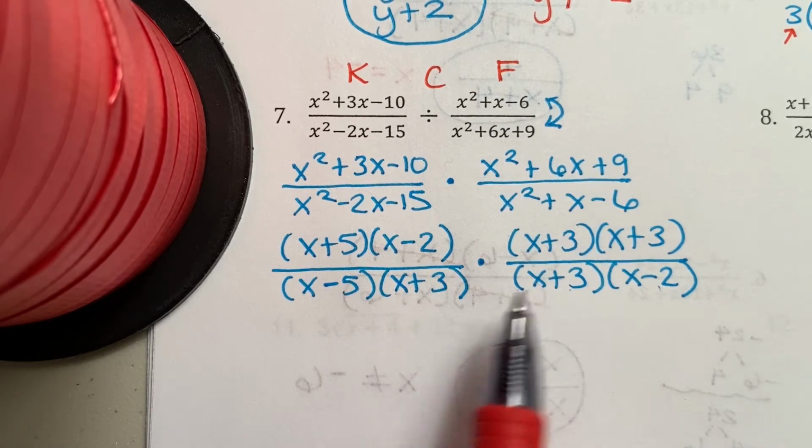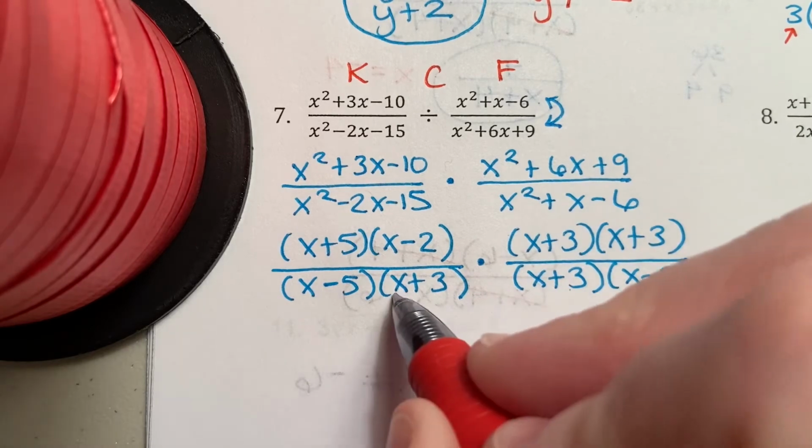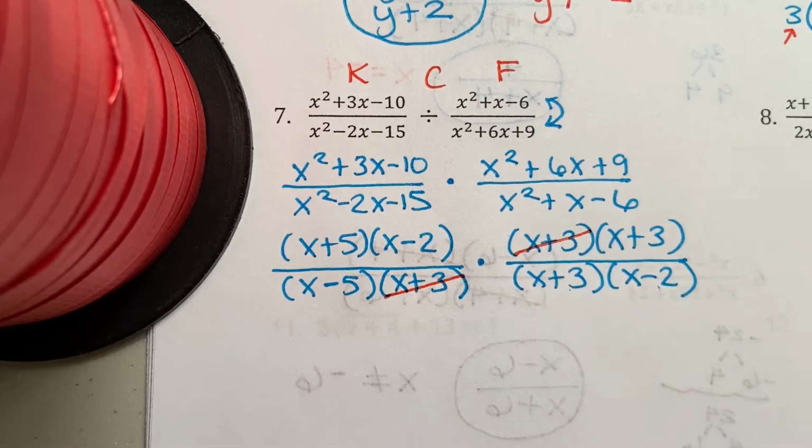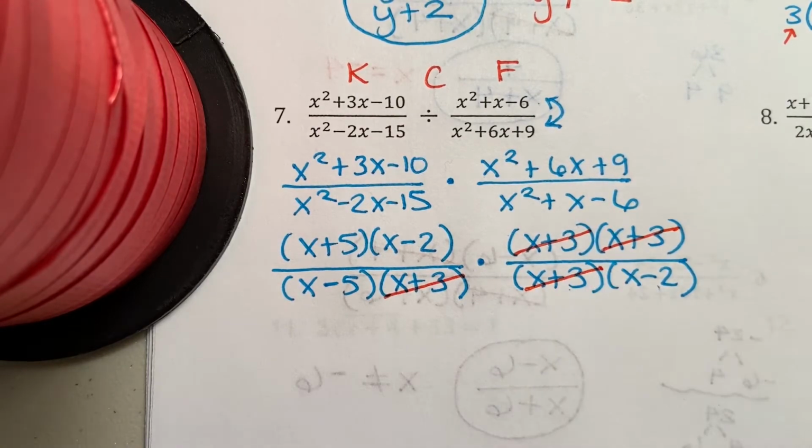I'm doing the factoring a little bit quicker, so you definitely need to know how to factor pretty well in order to be successful in this part of the unit. Now we're going to start canceling some things out. My x plus 3 cancels out here. Remember, you can only cancel out pairs, but one of them has to be in the numerator and one has to be in the denominator. X plus 3 here cancels out.